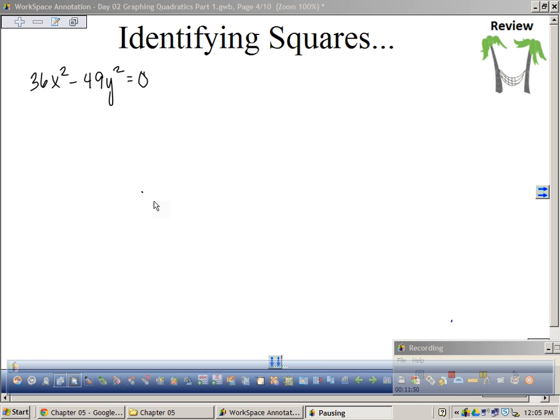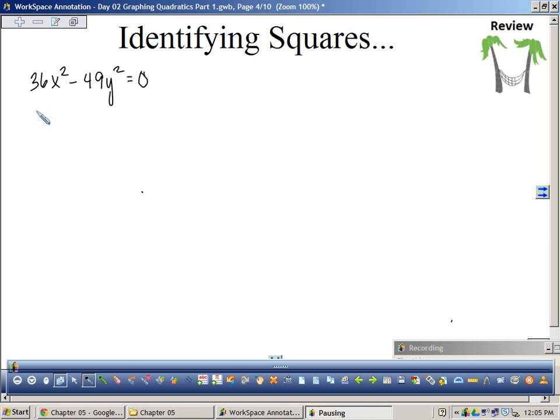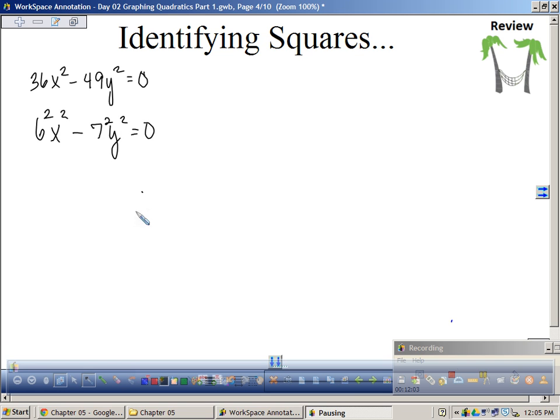Right, so 36x squared minus 49y squared. This is a square. This is a square. This is a square. And this is a square. The difference of two squares has a plus and a minus. You take the squares out, and there's a square in front here, and these squares go here.